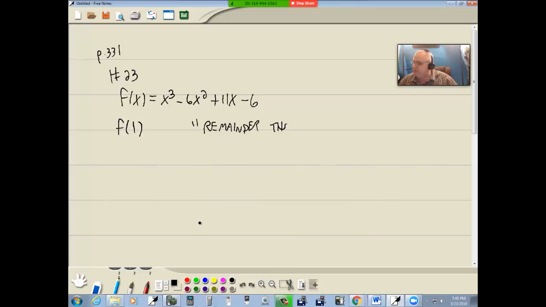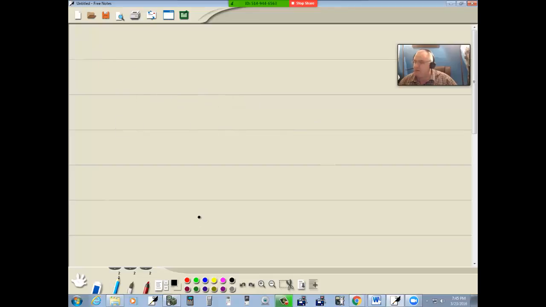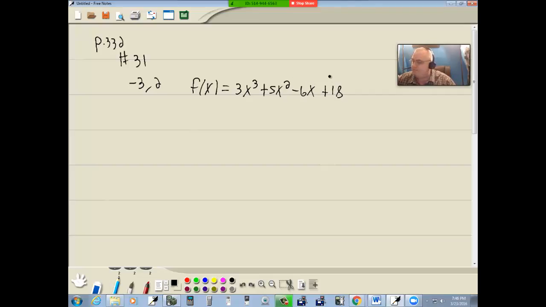And we're going to look at 31. We have negative 3 and 2, and f of x is equal to 3x to the third plus 5x squared minus 6x plus 18.